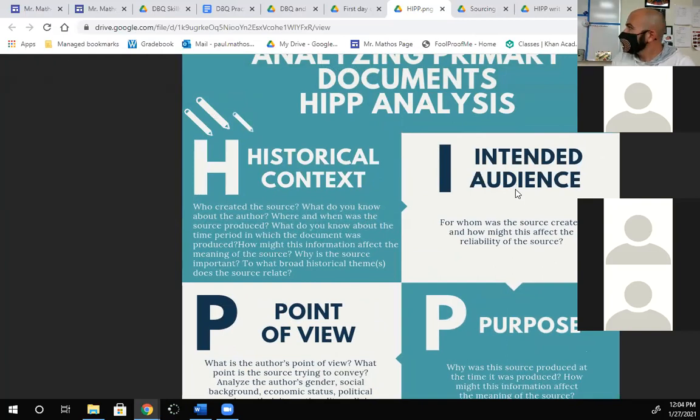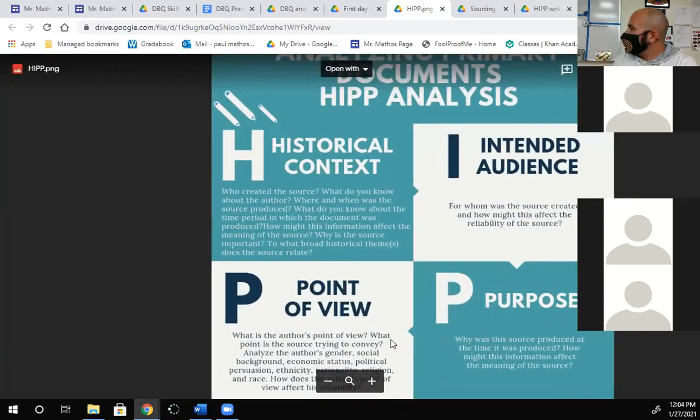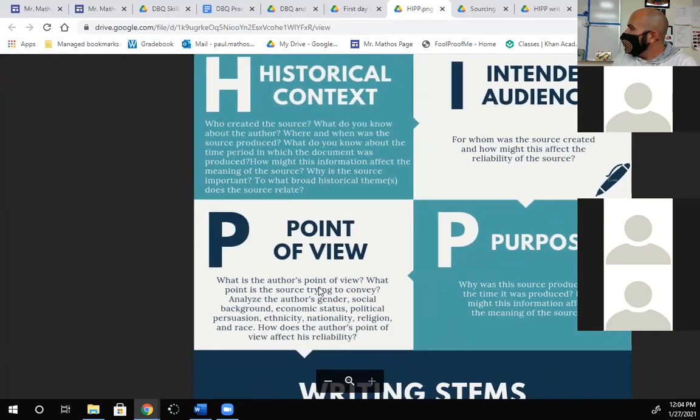That matters. The point of view: what is the point they're trying to convey? Does the gender, economic status, political persuasion, or social background matter for the source of a document? For instance, a king saying something is different than a peasant saying something, or a teacher saying something is different than a principal saying something.